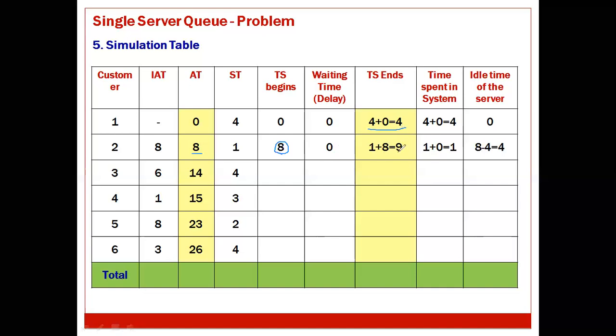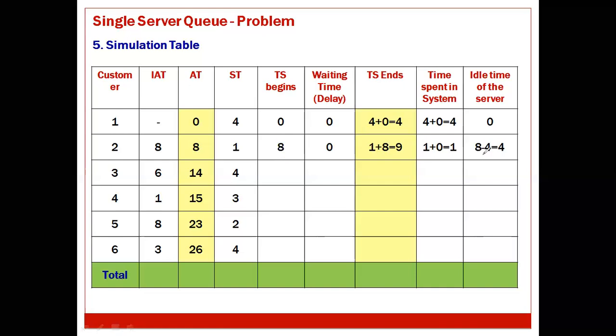And time service ends will be service time plus TS begins, so that is 1 plus 8, 9. And time spent in system will be service time plus waiting time, so that is 1 plus 0, which is 1. Now let us see what is the idle time of the server.